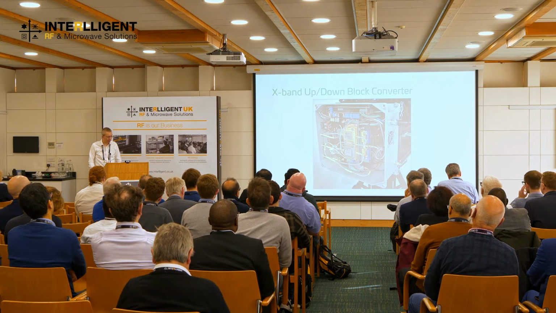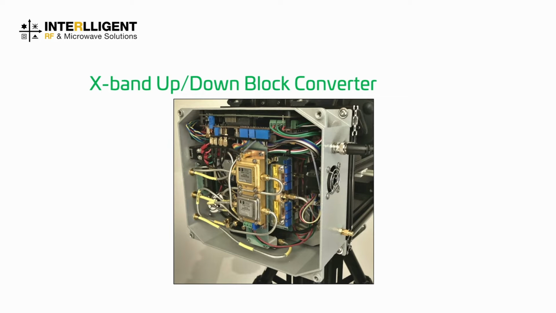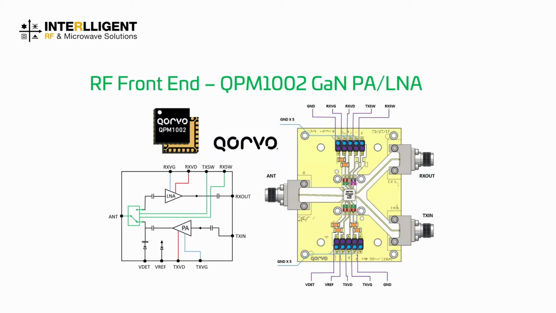So this was quite a packaging exercise, getting all the block up down converter, the modulators, all the PA front end, the synthesizer and all the control electronics in there. Took quite some doing, but we got there in the end. So for the front end of this, we use a Qorvo QPM1002 PA LNA.